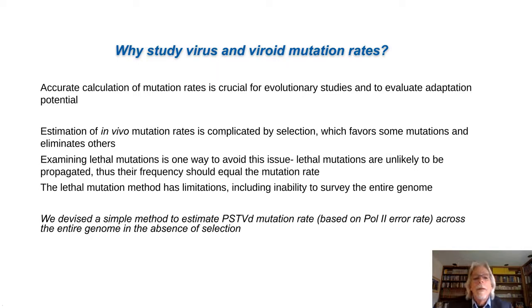This lethal mutation method has several limitations, probably most obvious being its inability to survey the entire genome. And we wish to do that, so we developed a simple method to estimate PSTVd mutation rate based on the Pol II error rate across the entire genome, and again, in the absence of selection.